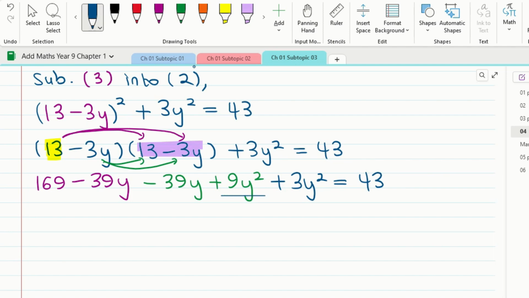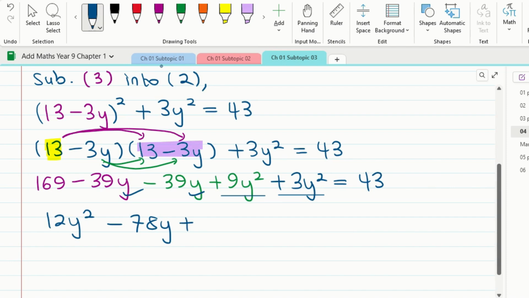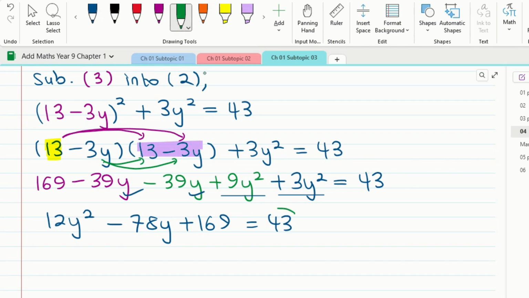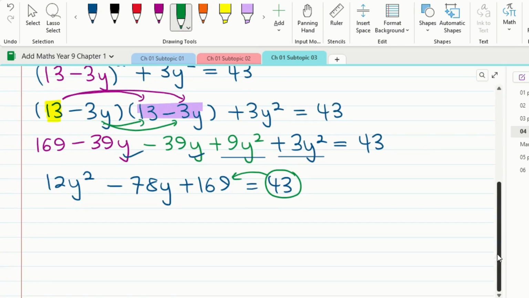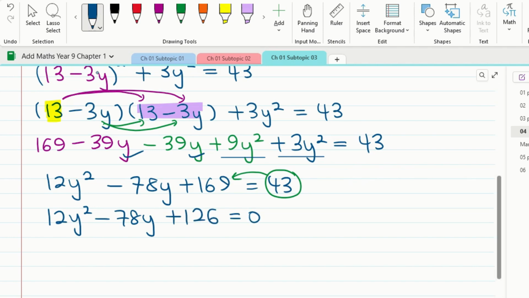What are the like terms? 9y squared plus 3y squared is 12y squared, and the next term is y: negative 39y minus 39y is minus 78y, and plus 169 equals 43. This 43 must be moved to the left hand side to make it part of the equation: 12y squared minus 78y plus 126 equals 0.